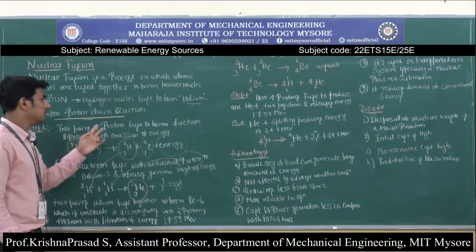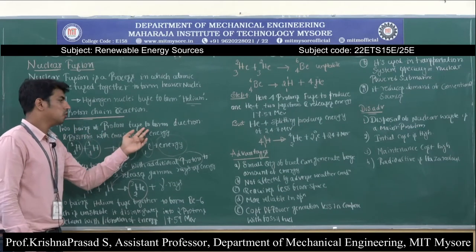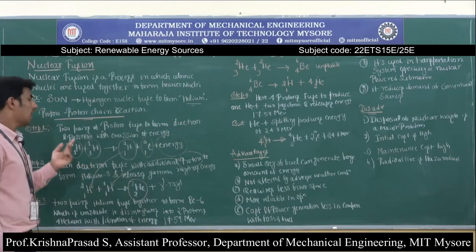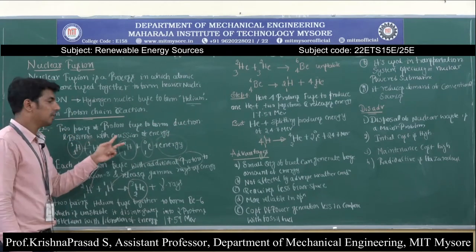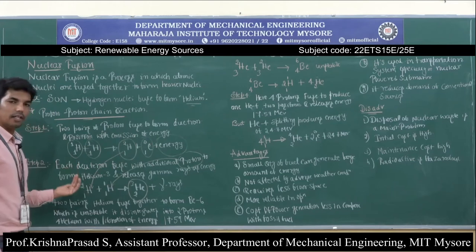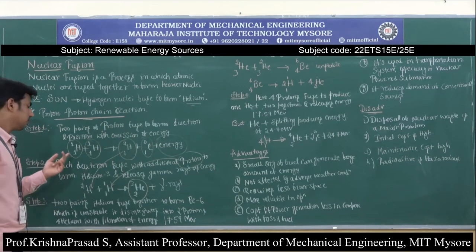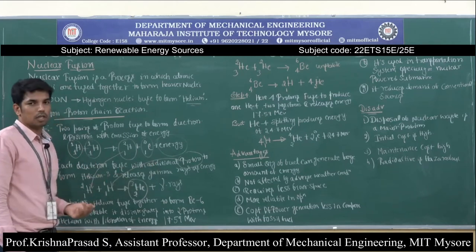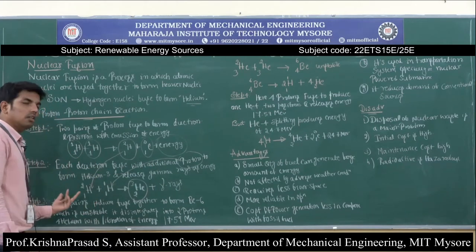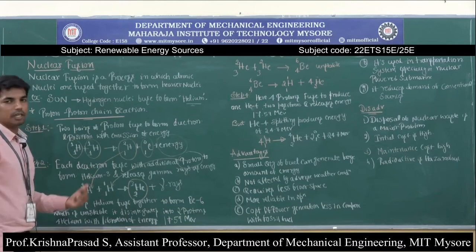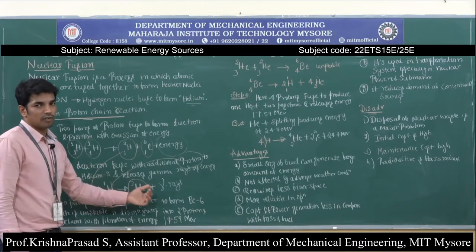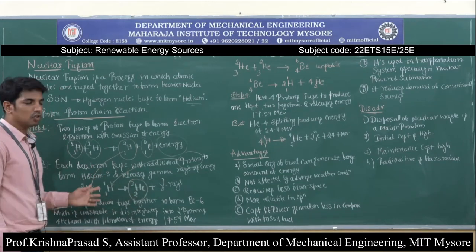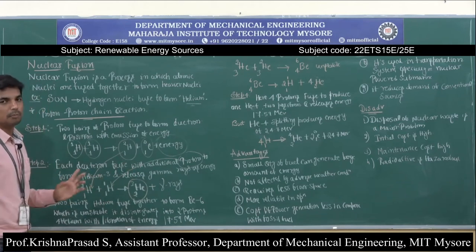Here 2 pairs of protons fuse to form deuteron and positron along with the liberation of energy. Then in the second step, each deuteron fuses with an additional proton, which leads to helium-3 along with the liberation of energy and gamma rays. So this is regarding step 2.